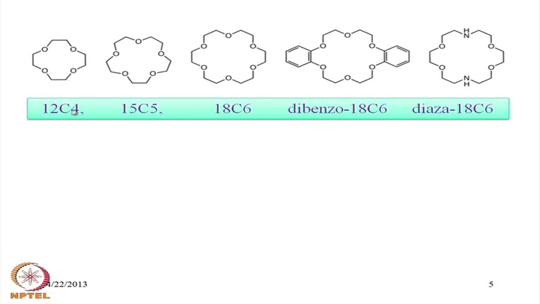So, when we have 4 oxygen atoms and the backbone is completing with 12, that means 8 carbon and 4 oxygen, so it is 12 C4.